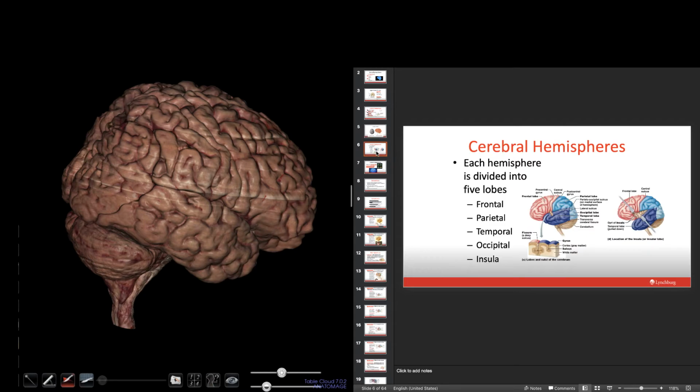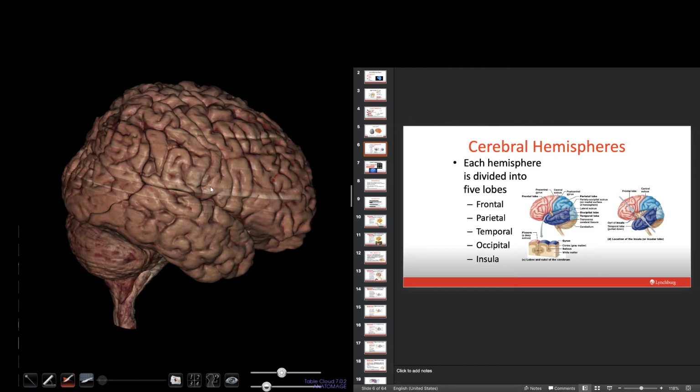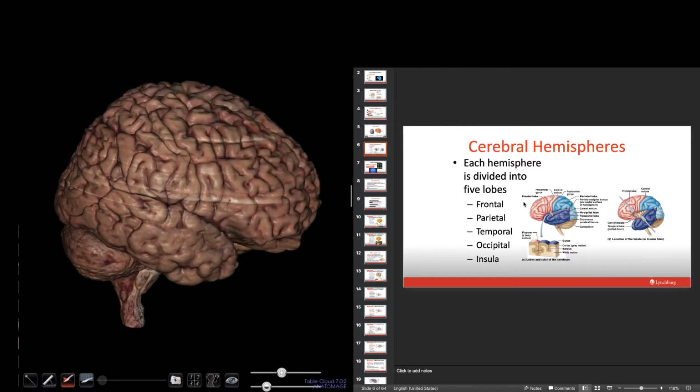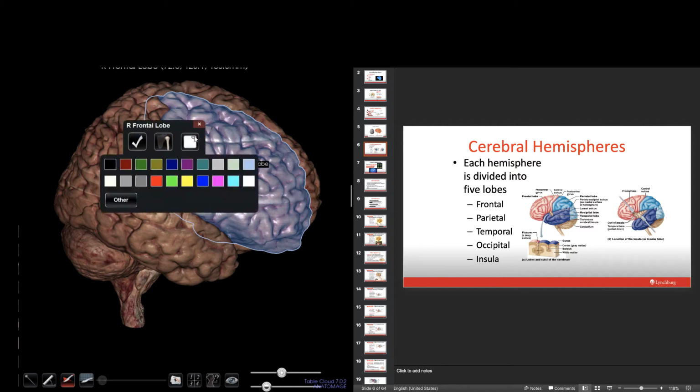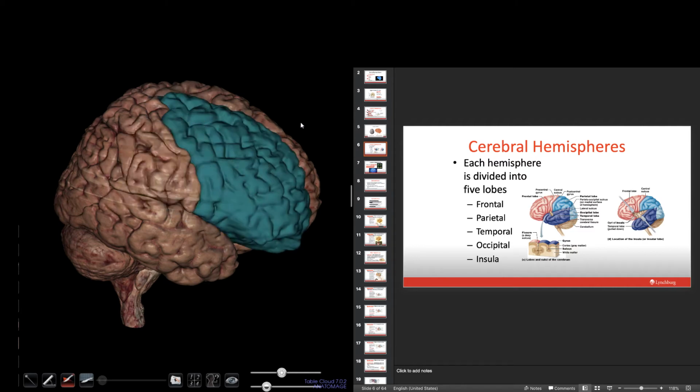Now, the cerebral hemispheres we can divide into lobes. So if we take a look at our image here, we've got our frontal lobe, which is going to be indicated more anteriorly, and I'm going to come in and flat color that there.